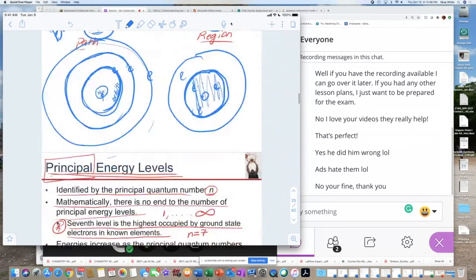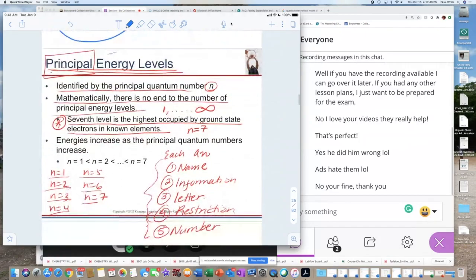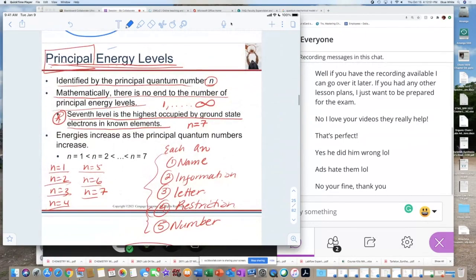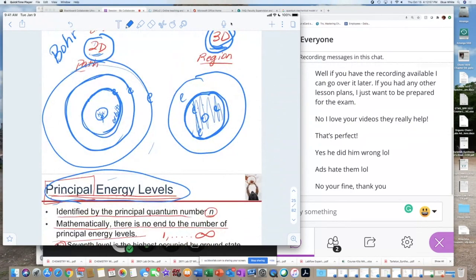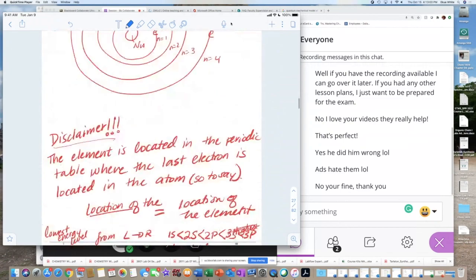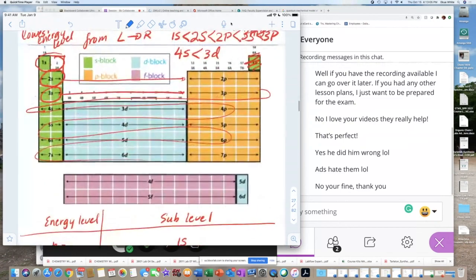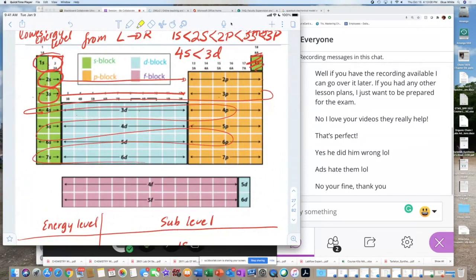Okay? So in the new quantum mechanical model, you have the principal energy level, just like with Bohr's model, and this tells you whether the electron is on the smallest energy level, close to the nucleus, or further away. We went through all of this part here, and I showed you how to use the periodic table to tell the energy level of the electron.